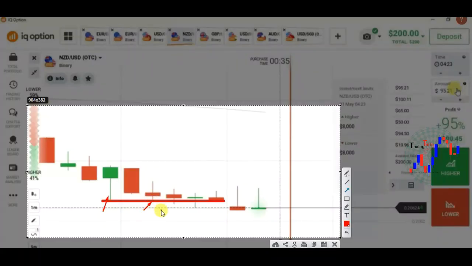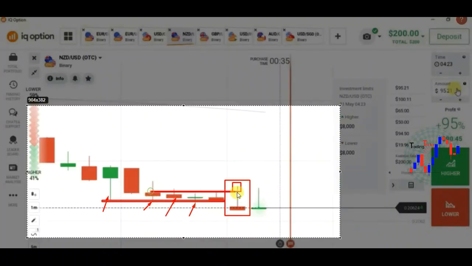This is a level, because every time it's getting rejections, but this candle confirms that the level has been broken, but these rejections confirm the level is not yet broken, because we can still see buyer's entry and seller's entry from this level.